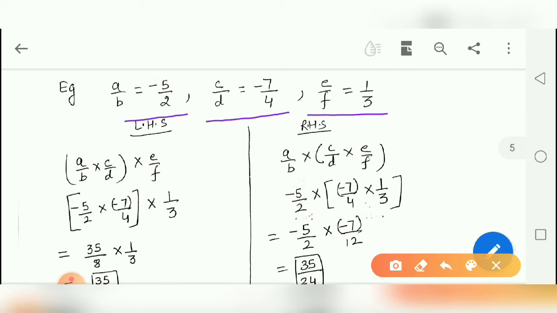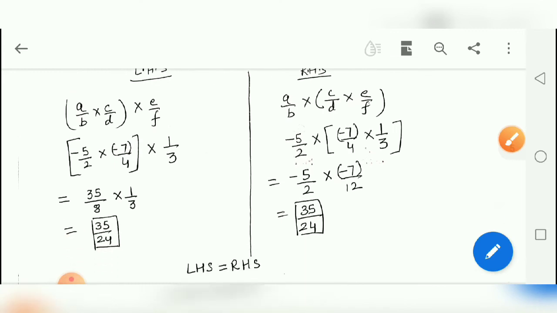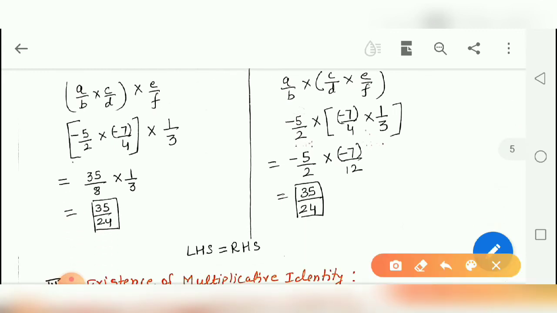Now again I have taken the left hand side and right hand side. On the left hand side, I have grouped a upon b and c upon d in one bracket into e upon f. Here I have done the multiplication, and after multiplying it, I get 35 upon 24 as the answer.